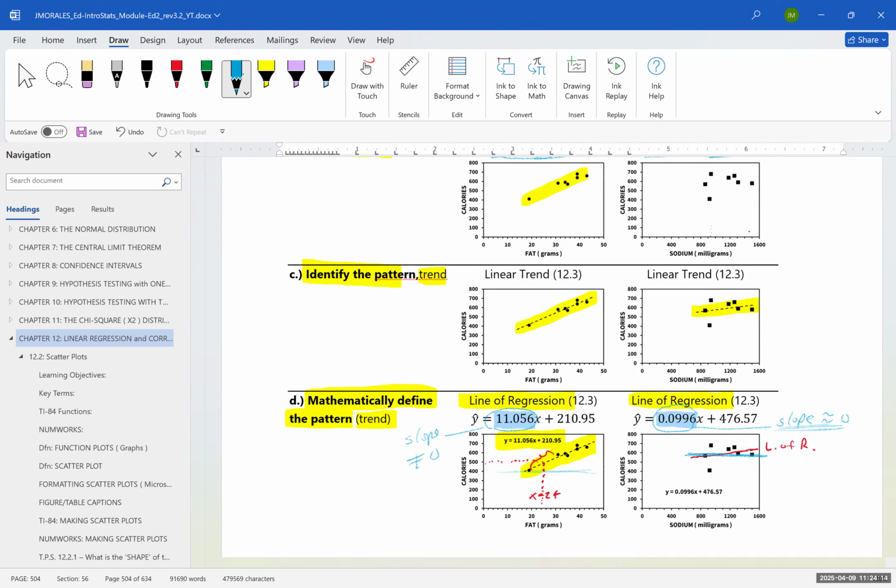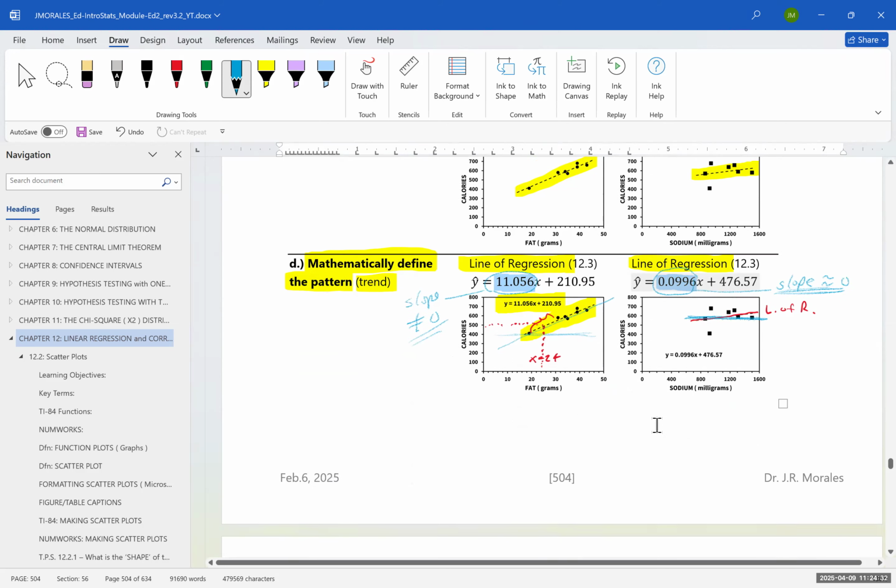It definitely has a trend that's up and to the right. And that tells us something. That's why mathematically defining the pattern is useful: you get to look at these numbers and you can start to get something useful out of these scatter plots.